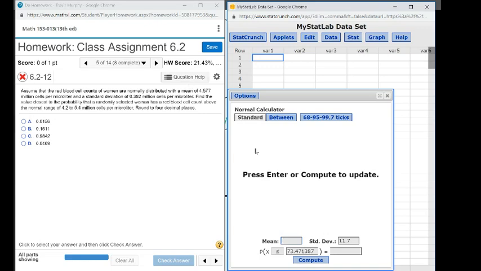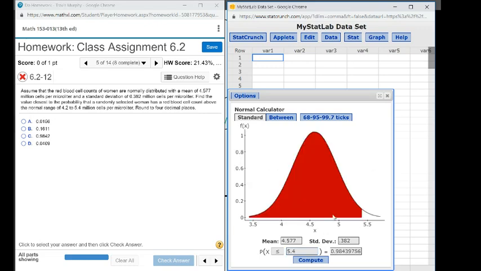We can leave the million off. So 4.577 and 0.382. So 5.4. Compute.